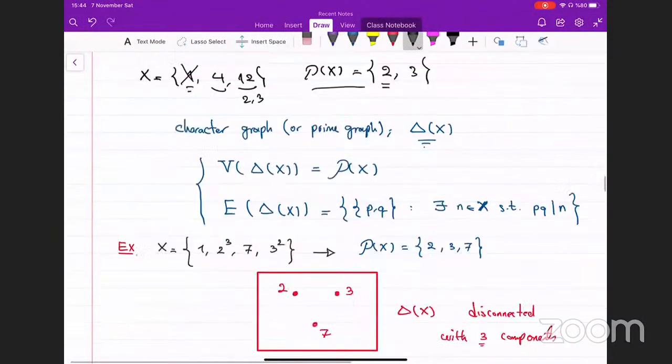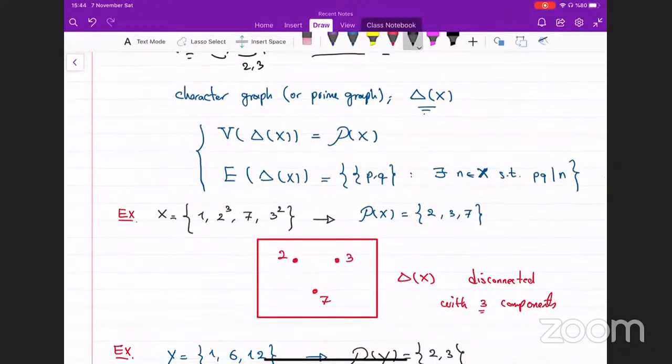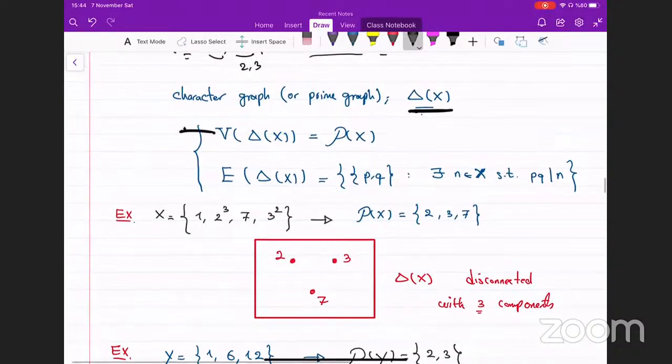Now, what do I mean by a character graph or a prime graph? In some papers, it's written as prime graph or character degree graph. We denote this graph by delta of X. By V, I mean the vertex set, and by E, I mean the edge set.